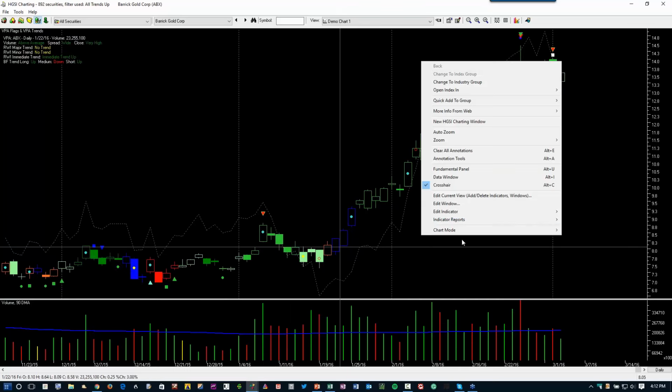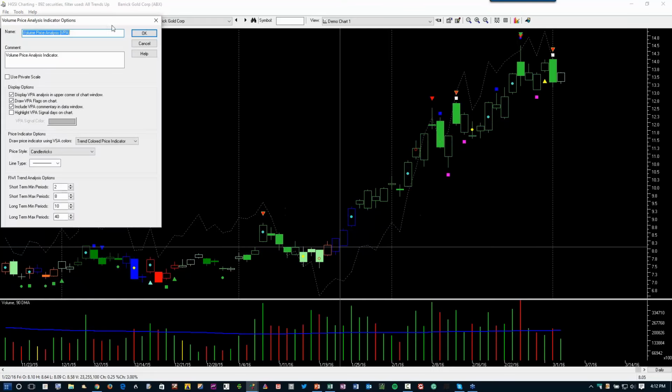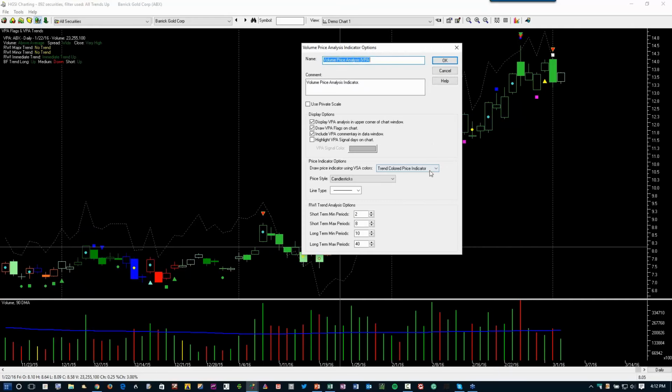As he pointed out, I want the indicator, not the report, and you have options here. I generally use the trend colored price indicator, because since he gave us the ability to scroll back and forth and see what the trend was, I want to know what the trend is, rather than using the VSA colored price indicator.